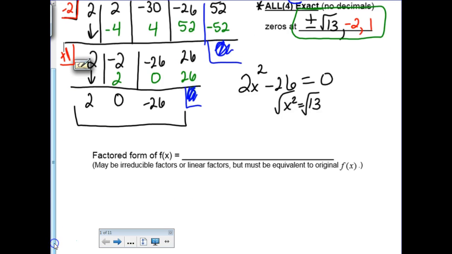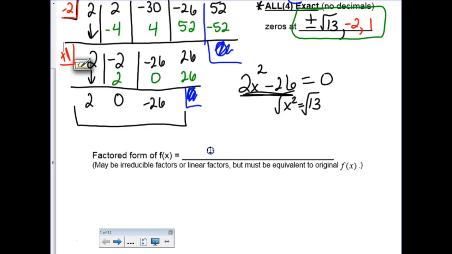Then it wants you to write in factored form, maybe irreducible factors or linear factors, but must be equivalent to f of x. So here's what I would like you guys to do, just to stay consistent with our work. You guys have the 4 zeros, so, okay, 2 ways. Remember this guy?